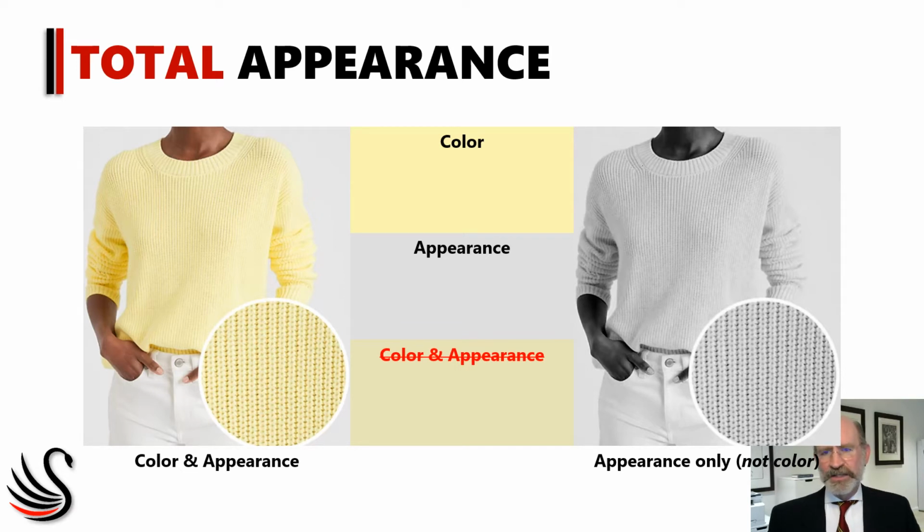They tend to just squish them together and say, well, that color is actually dull yellow, not bright yellow. But that's not how we see, because they're not capable of separating color as an attribute and appearance as an attribute. And that's one of the things that we'll be discussing today as an important feature: the ability to distinguish the impact of color and the impact of appearance or texture.